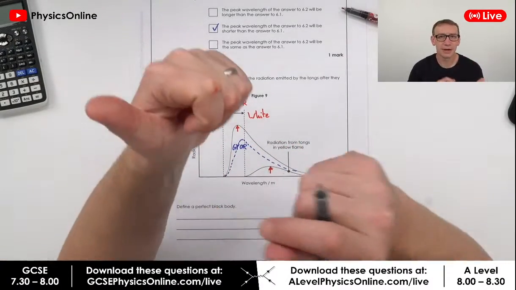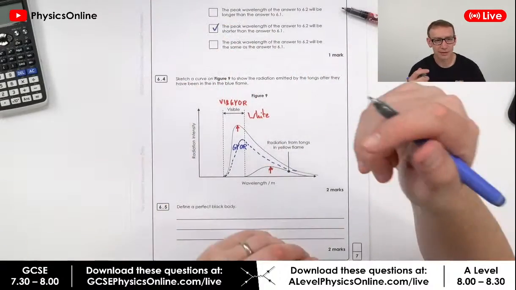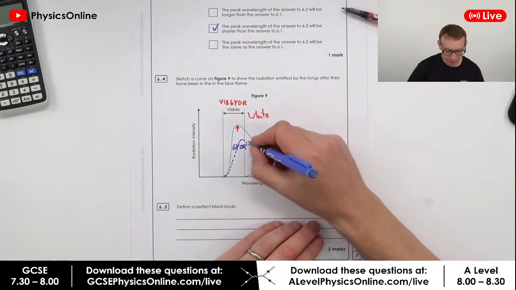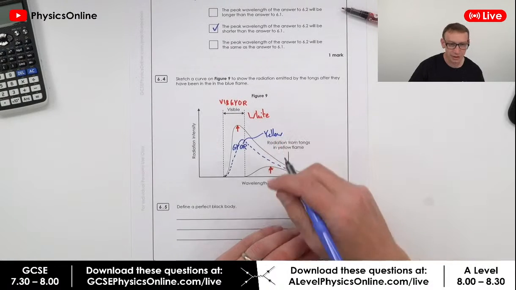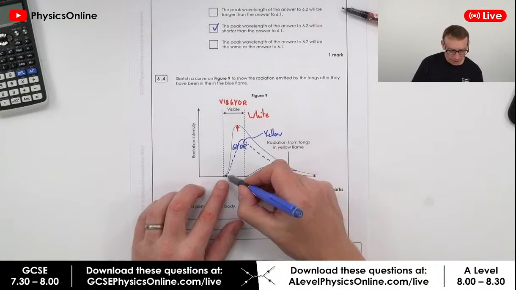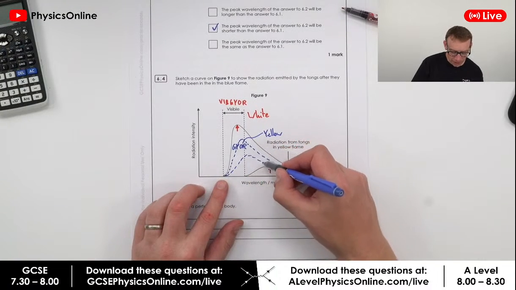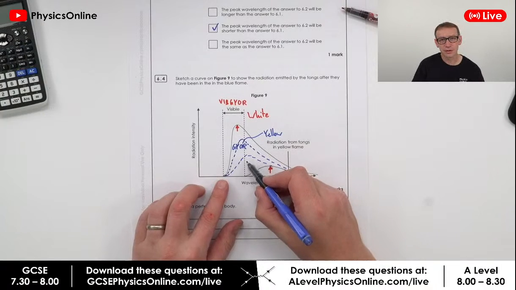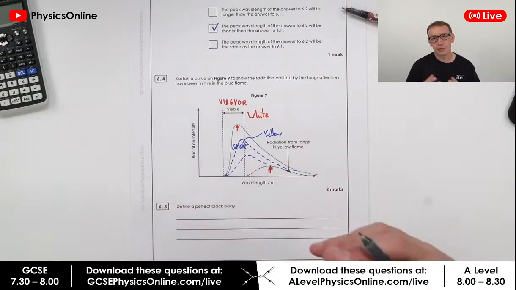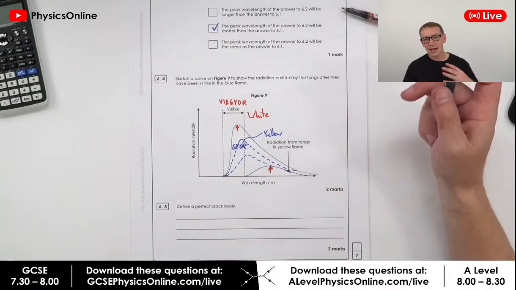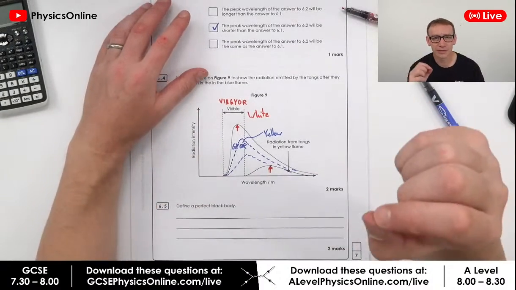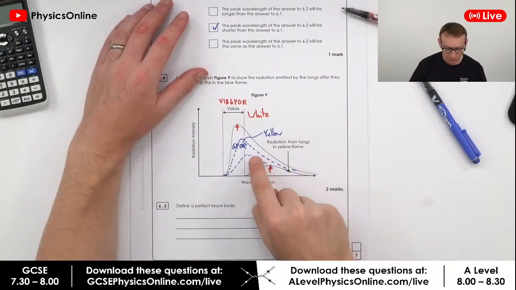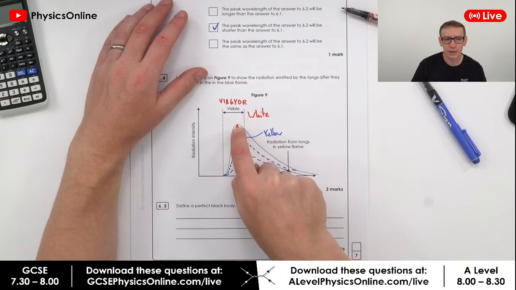And if you mix green light and red light together, that makes yellow. So this thing here appears to be white. If you had something a bit cooler, this would give out this kind of yellow colour. And if it's cooler than that, then the peak might be further over here in the red part of the visible spectrum, and then it would glow red hot. And that's why we find that when you've got something which is hotter, it goes red hot to yellow hot to white hot.